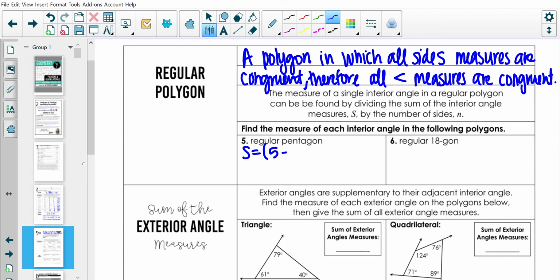So 5 minus 2 times 180, and you get 540. That's the sum of all the interior angles together. If this is a regular pentagon, how do I find an individual angle? Divide it by 5. They will all have equal angles.